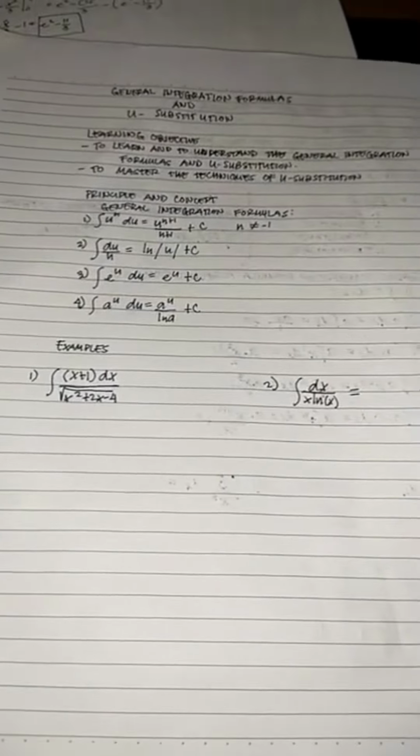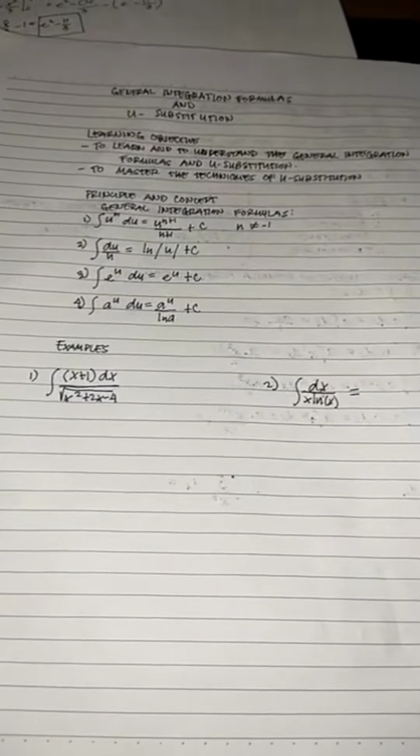So, the number one formula is the integral of u raised to n du is equal to u raised to n plus 1 over n plus 1 plus c, where n is not equal to negative 1.